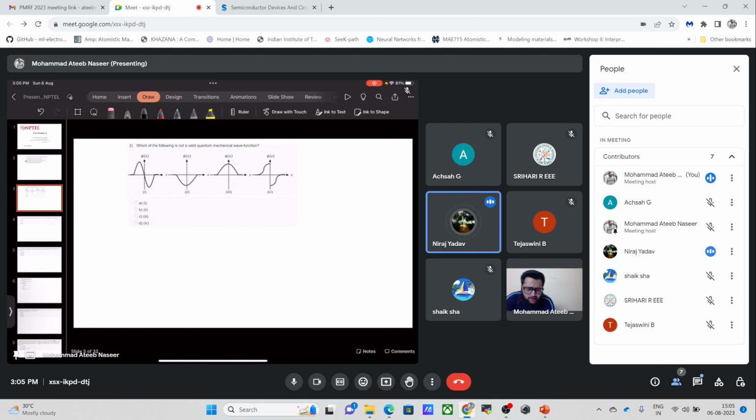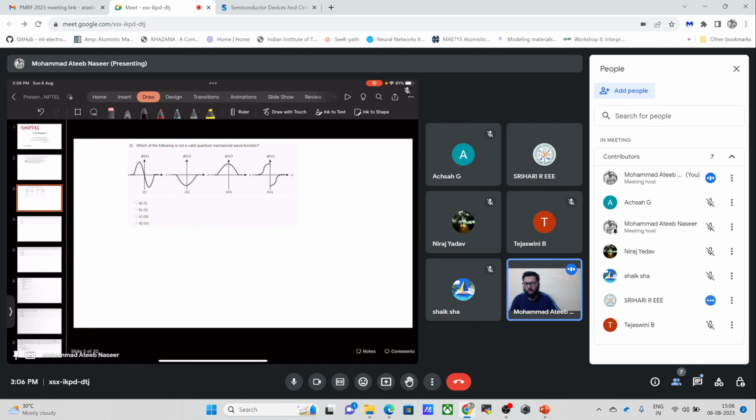Nice. Can anyone else also comment on the other wave functions which are present in this? Other wave functions are found to be continuous, other than the last option. The primary condition for the wave function is it should be continuous and also its derivative must be continuous.